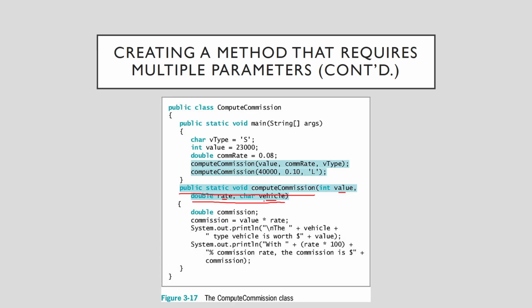That is, the first method call passes the variable value, which is of type integer, the com rate is of type double, and the v type is of type character.